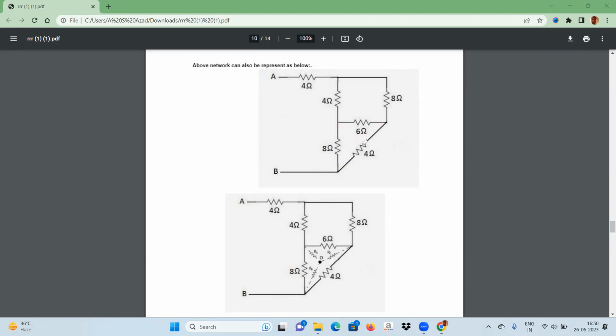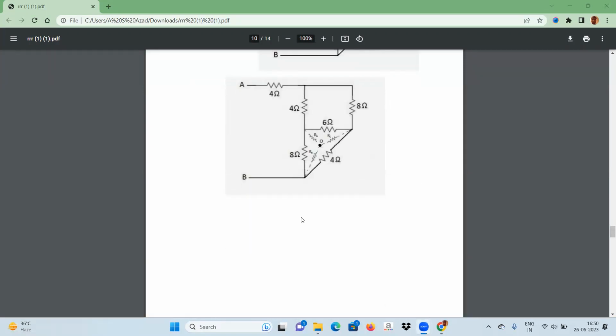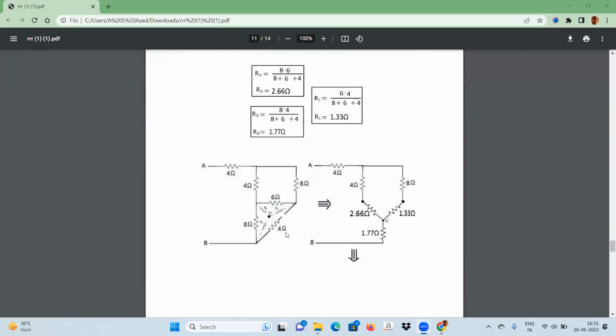Then what will be RA? Let's see what will be RA.